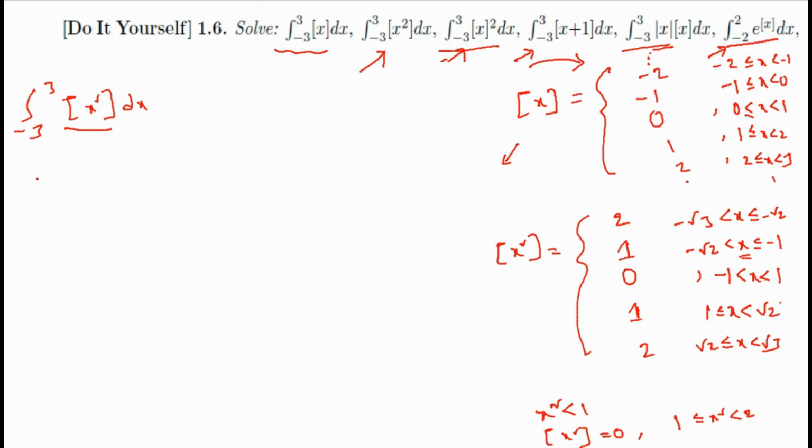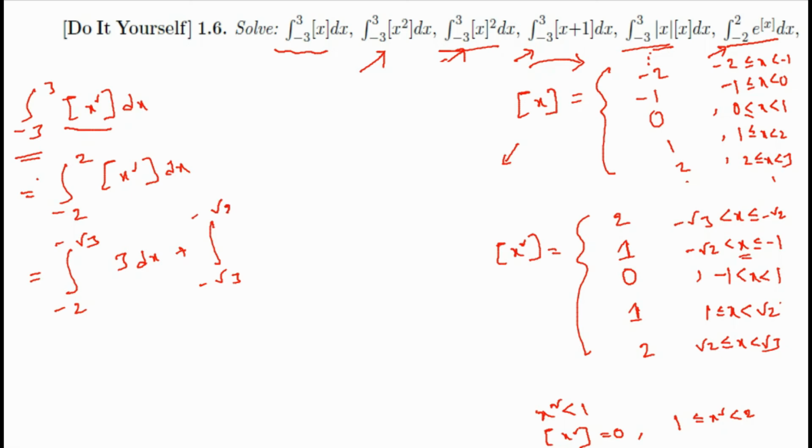And here, just instead of minus 3, you can just write minus 2 to 2 box x square dx, because you will automatically understand how this minus 3 to 3 will work. Divide the range. So here minus 2 to minus root 3, the value will be 3 dx, plus minus root 3 to minus root 2, the value will be 2 dx, plus just follow that x square.